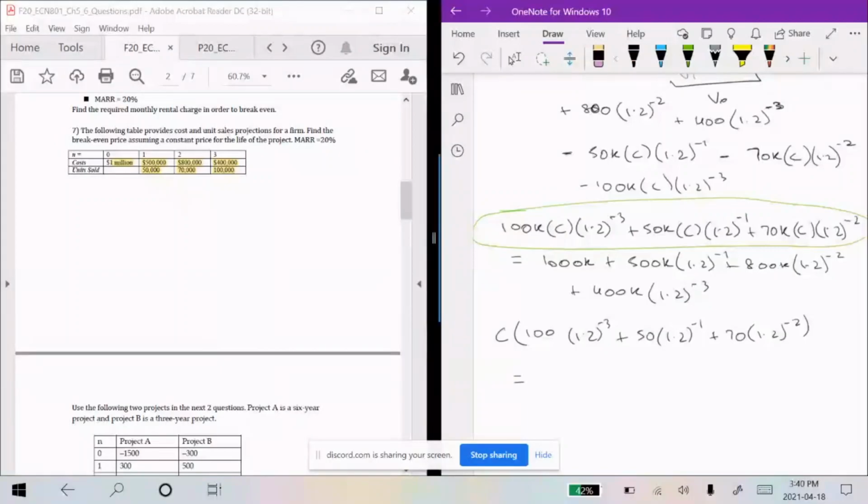Okay. So let's start solving the right hand side because there's no point of writing it down again. So 1000 plus 500 into 1.2 raised to the power minus 1, plus 800 into 1.2 raised to the power minus 2, plus 400 into 1.2 raised to the power minus 3. I'm just putting this in my calculator.